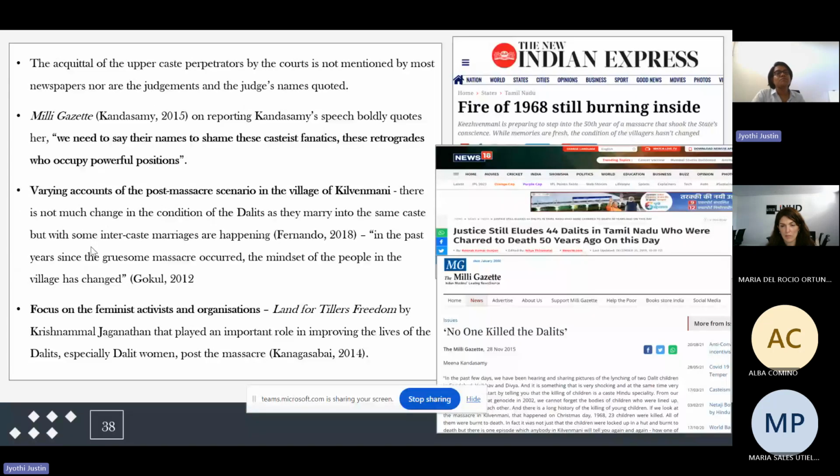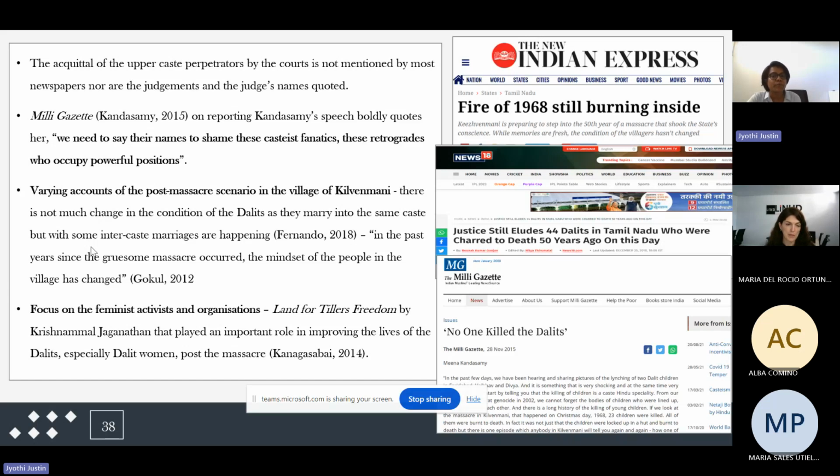So on the whole, we found that the online newspaper reports focused on the feminist activists and organizations post the massacre, and there are also varying accounts of the post-massacre scenario in the village of Kilvenmani. For instance, some newspaper reports said that the Dalit survivors were rehabilitated and were living in much better conditions.